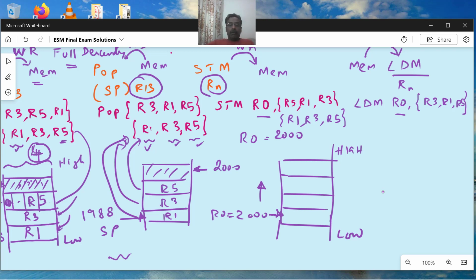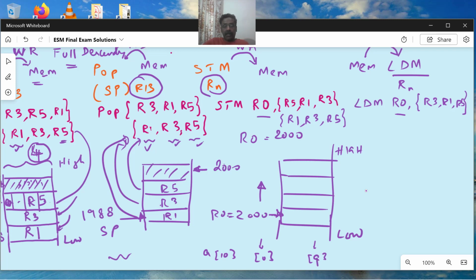Stack can be anything. Whereas STM and LDM follow the same method, because of how you are going to manipulate arrays: when you are declaring an integer array of 10 values, a of 0 is going to be at the lowest address and a of 9 is going to be at the highest address.